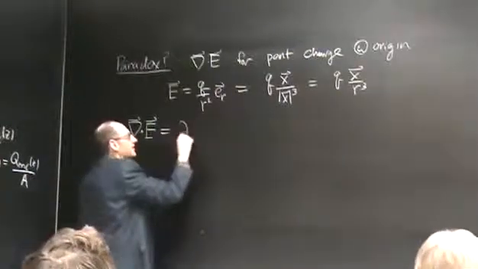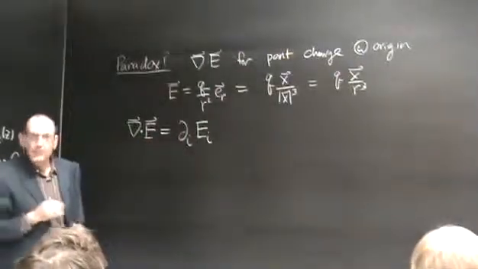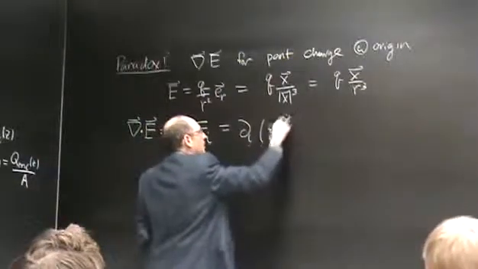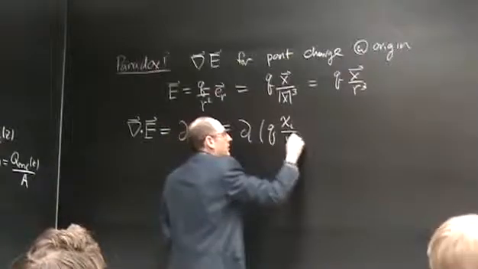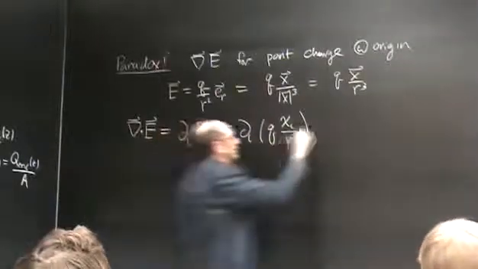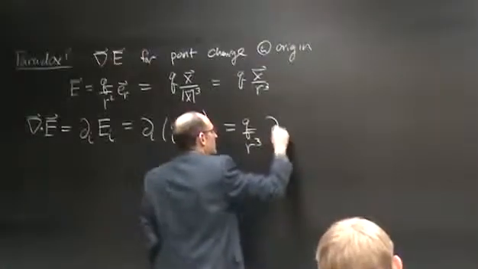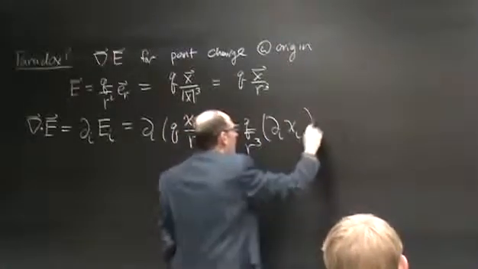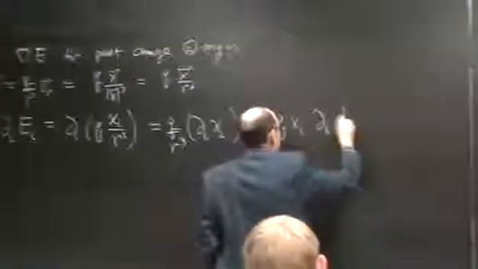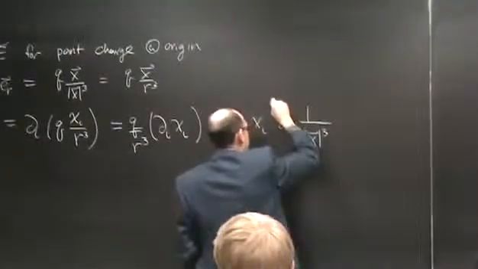The divergence is partial i e sub i, sum over i, which is partial i of Q times the ith component of position over r cubed, which equals Q over r cubed times partial i x i, plus Q x i times partial i of 1 over r cubed, which I'll write as the magnitude of x cubed.